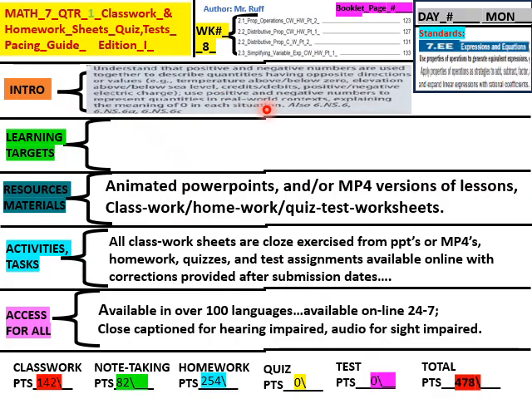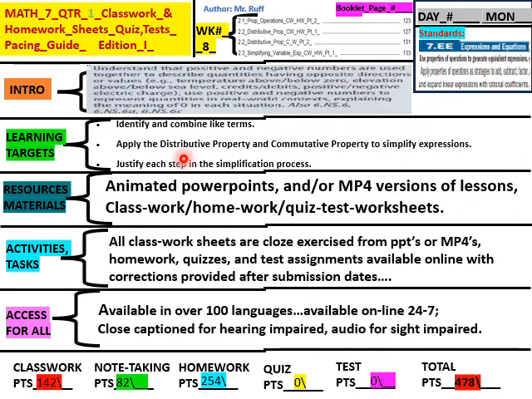And use positive and negative numbers to represent quantities in real-world context, explaining the meaning of zero in each situation. So again, we're back to that standard here significantly, 7.EE.